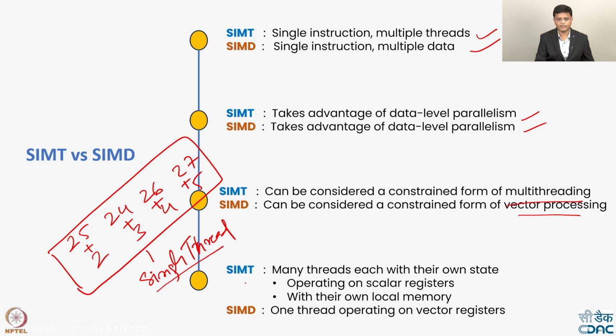In case of SIMT, many threads, each with their own state, operate on a scalar register with their own local memory. In case of SIMD, only one thread operates on the vector register, as you can see in this scenario. I hope that you have understood this concept of SIMT and SIMD with the respective diagrams.